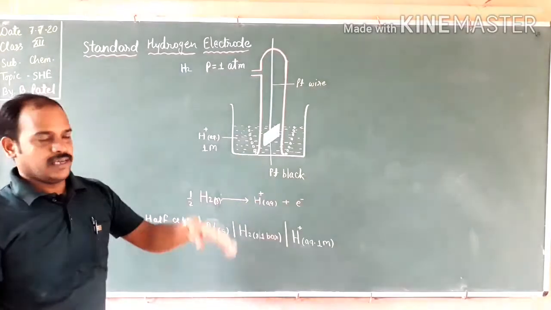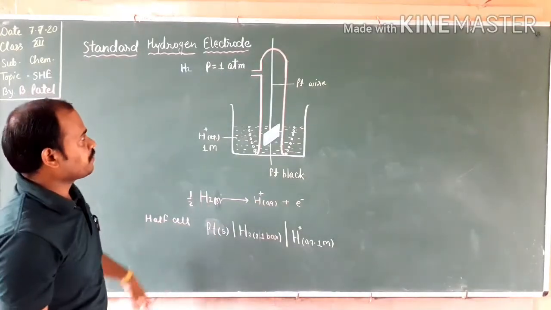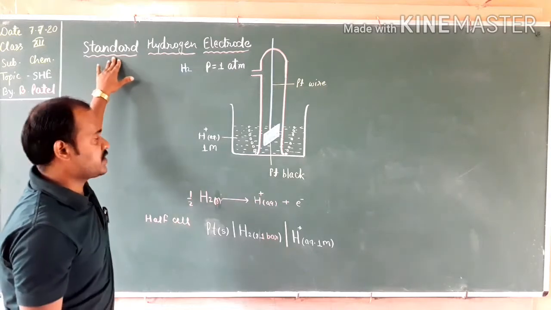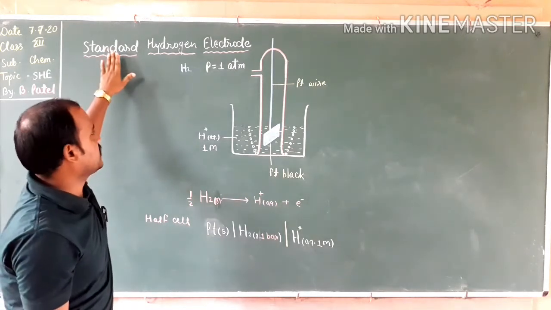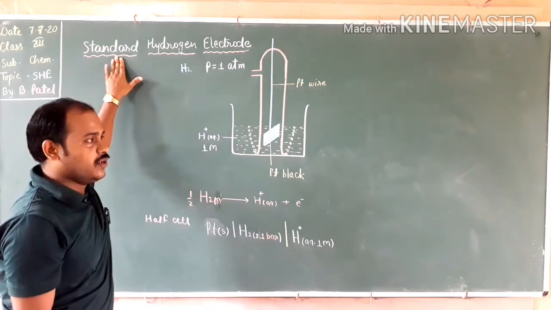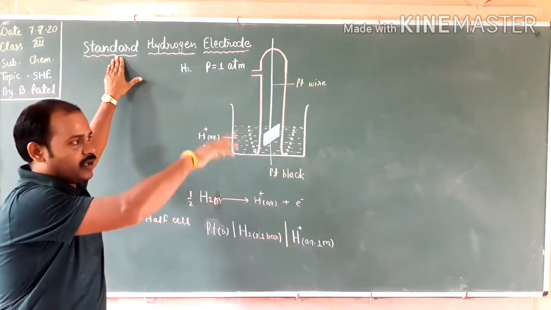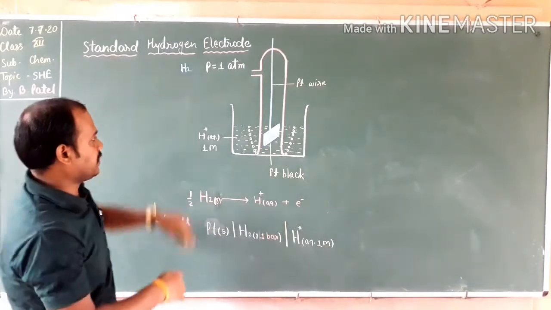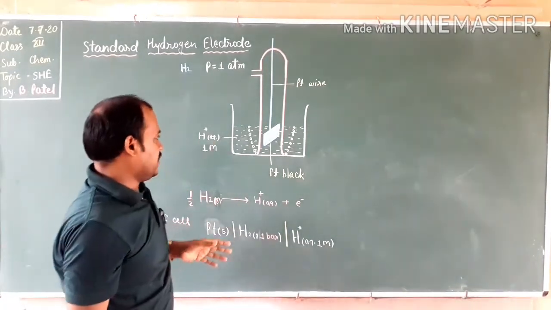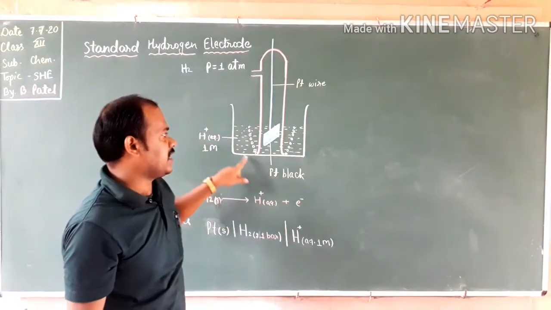Before seeing that measurement, first let's see the structure of this standard hydrogen electrode. Since the word standard is here, this electrode will be prepared under standard conditions. In this standard hydrogen electrode, there is a beaker.